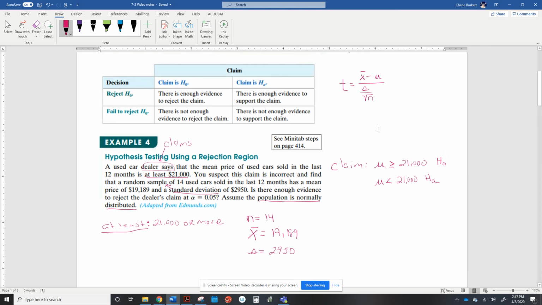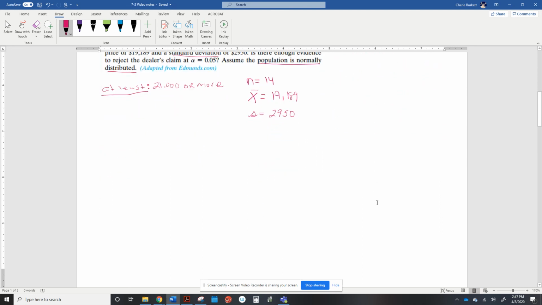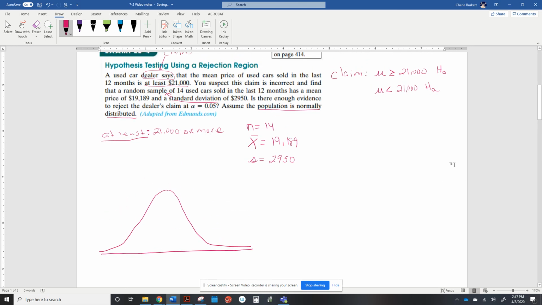You're also going to want, if you do this by rejection regions, which you should know how to do, to remember, let's see, what kind of test is this? It's less than, so it's a left tail test.